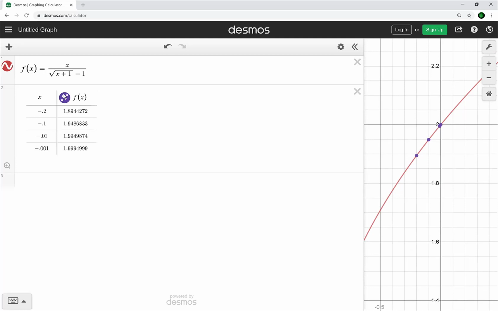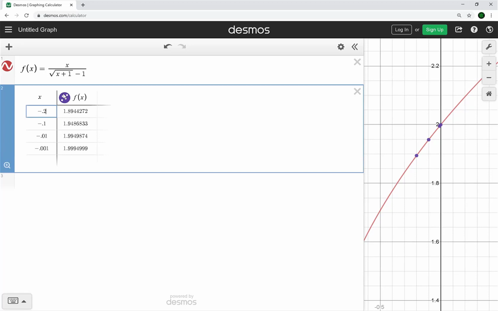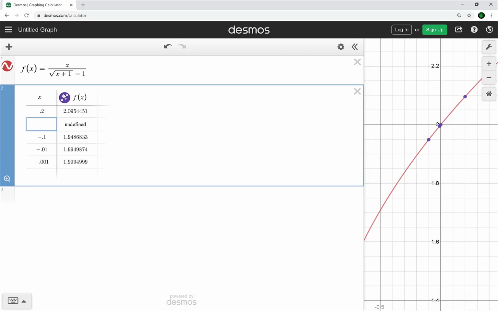All right, let's continue with the positive numbers now. So now I'm going to approach 0 from the right. I'm assuming that I did 0.2, 0.1, 0.01, 0.001. Did I do it that way? Yes. Okay. So let's do 0.2, enter, and write down that number, 2.095.